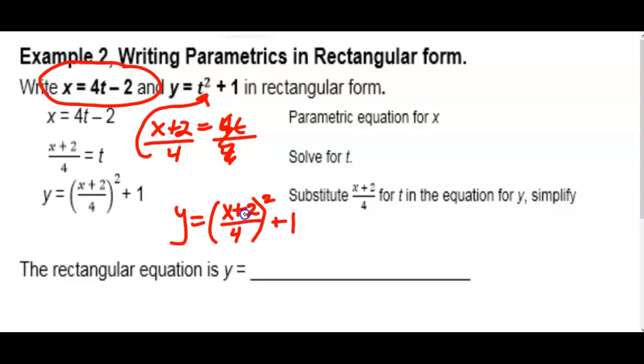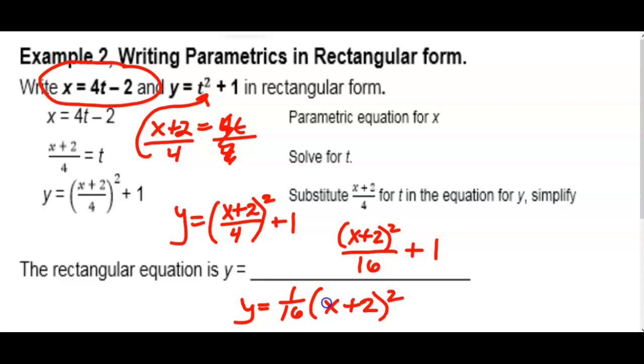A lot of times they would square this top and bottom, and remember, x plus 2 quantity squared does not become x squared plus 4. There would be another term in there, so just leave it. Square the denominator becomes a 16. And so a lot of times we would write it in vertex form as a is 1/16 x plus 2 quantity squared plus 1. Okay, so any of these three are okay with us.